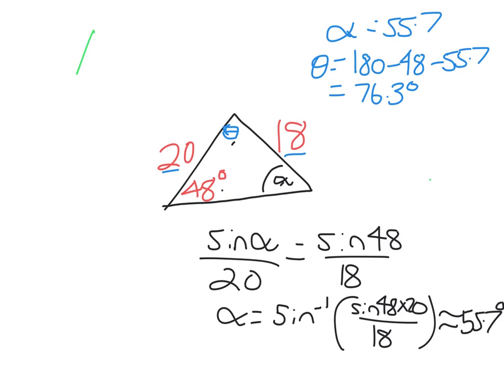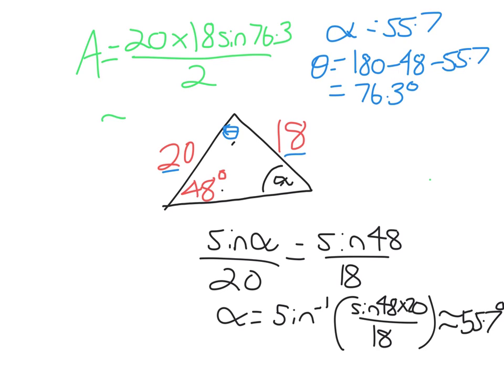It is just half, or I can divide by 2 at the end, a, b, sine of the angle between them, sine C, and I divide by 2, which is the same as timesing by a half. I put that on my calculator again, and the area that I've got from this is approximately 174.9 units squared, because we weren't told the units.